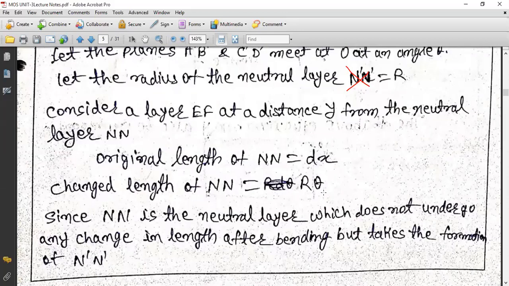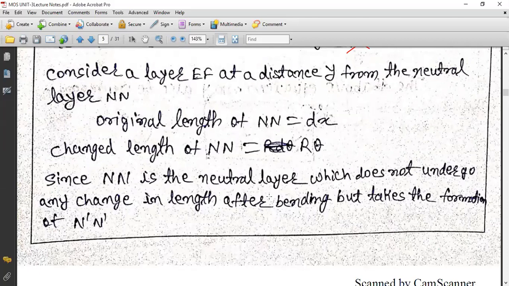Since NN is the neutral layer, which does not undergo any change in length after bending but takes the formation of N'N', NN is equal to N'N'. Already I told you, neutral means it does not affect anything on the layer.